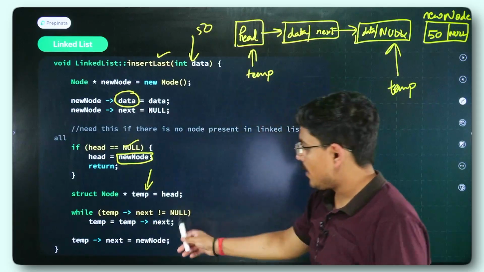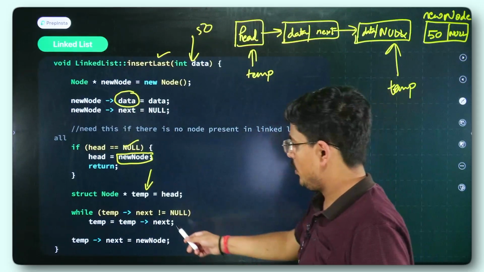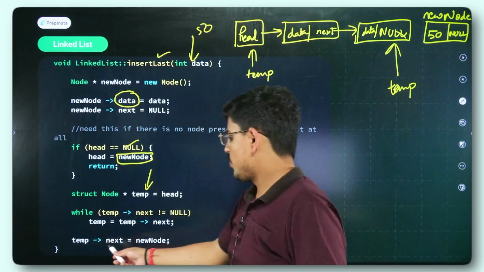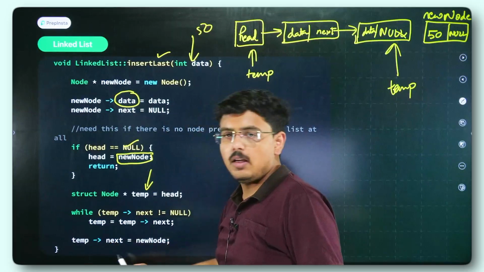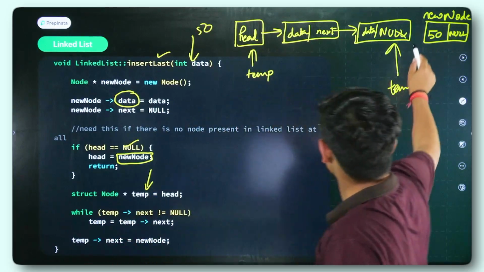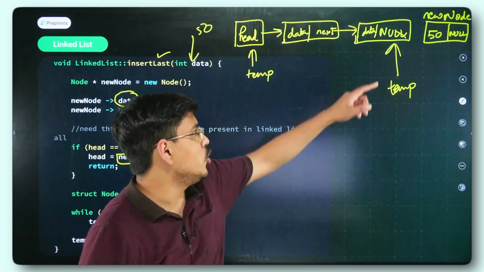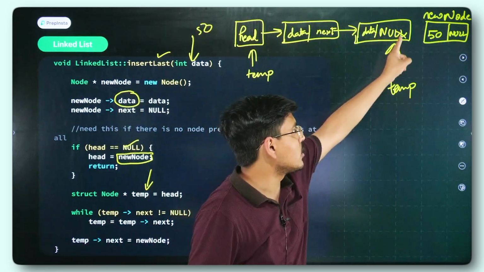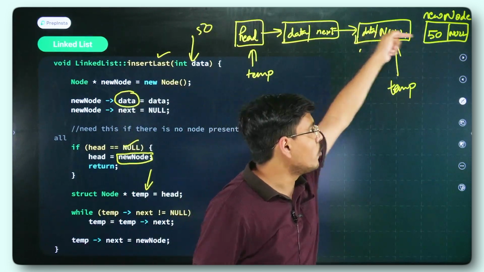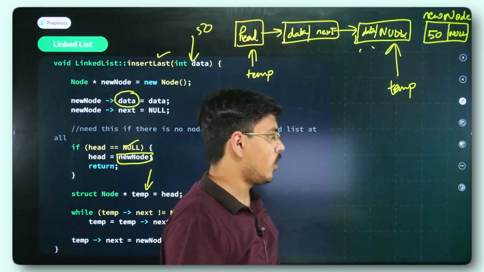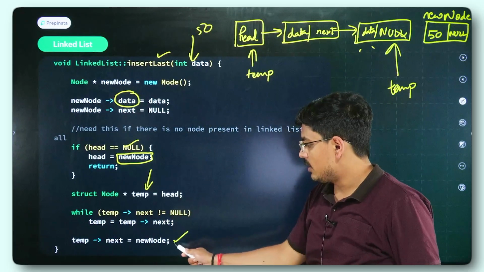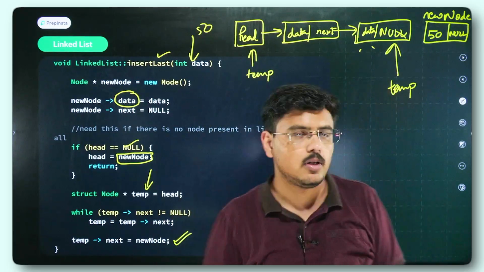As soon as the pointer part of this node becomes null, you come out of this loop, and you give the next pointer. Basically in this portion you store the address of this new node. So this pointer part of this node would point to the next node. How do you do it? You use this statement to actually execute this.